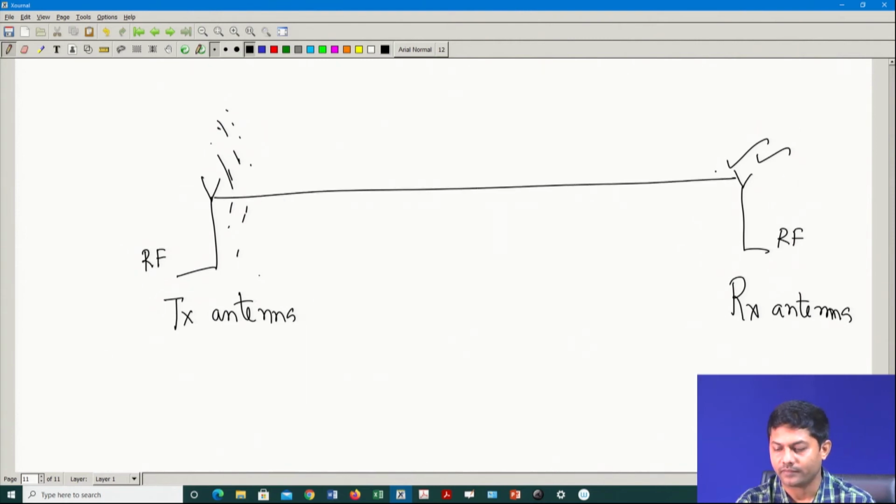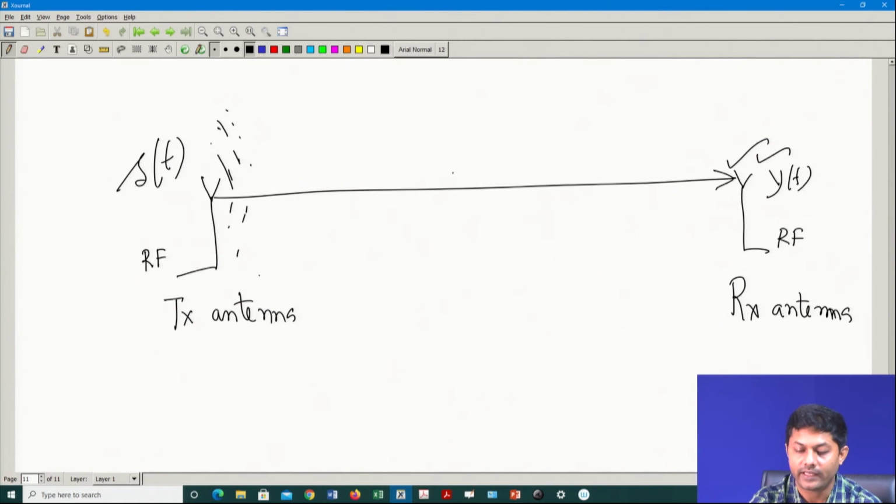direct path here. So, I am transmitting S(t), this is what we have seen last time, that is my electrical signal. Internally it may be RF, that is fine, but that is the signal I am transmitting. I was receiving Y(t) here, right, with a voltage gain factor of alpha, correct.